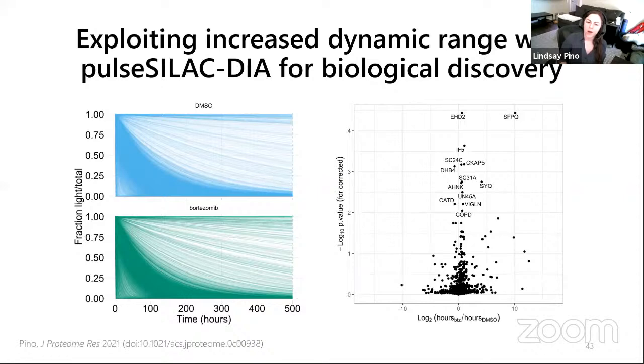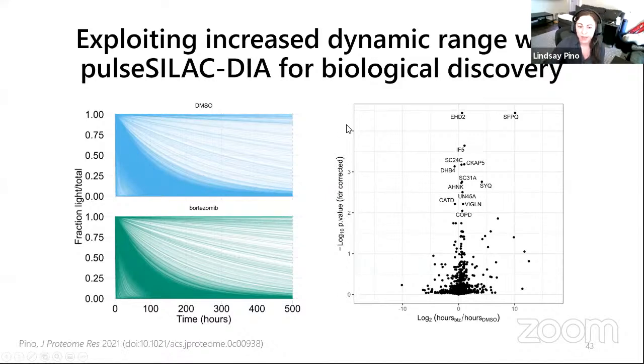And when we do that, we can make a pseudo volcano plot out of the differential proteins. This is not a real volcano plot, so I'm going to explain it a little bit. Here, instead of a log2 fold change, we put the log2 of the turnover value for bortezomib over the DMSO. If there's not really any change, it's not going to be interesting. The larger the log2 value of this ratio gets, the more different the turnovers are.